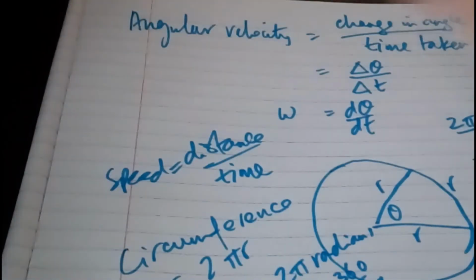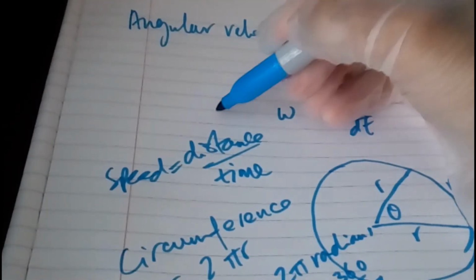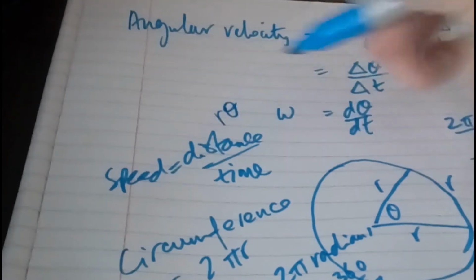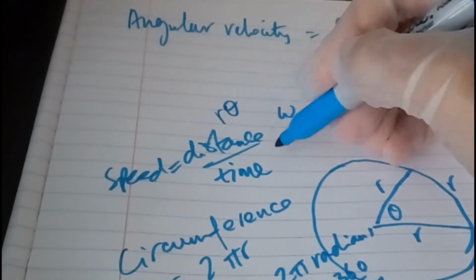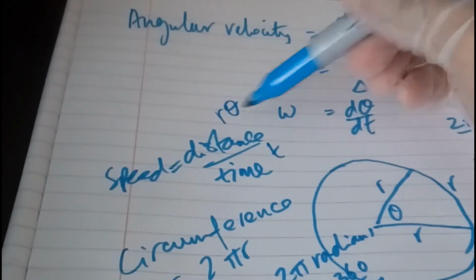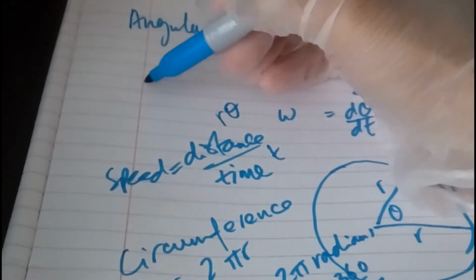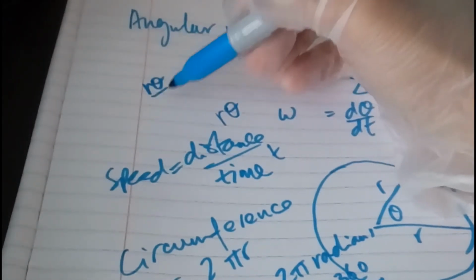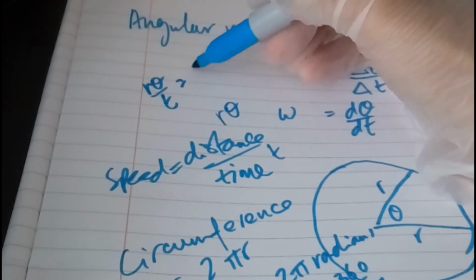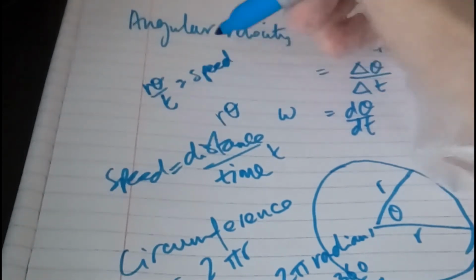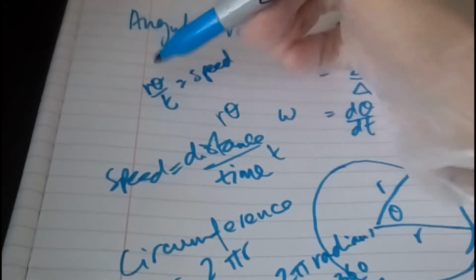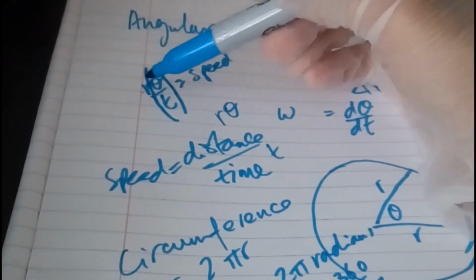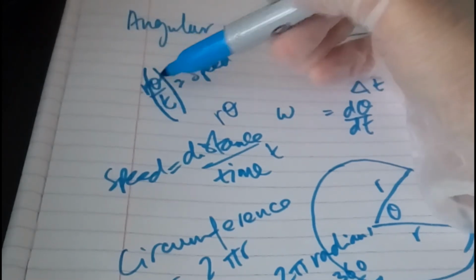Now let's turn this around. What happens when the distance is r theta and we divide it by time? r theta divided by time gives you speed. We can separate this: r theta divided by t is the same as r multiplied by theta divided by t.